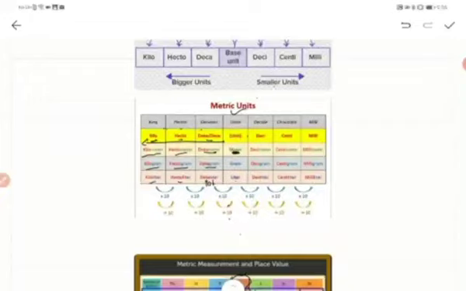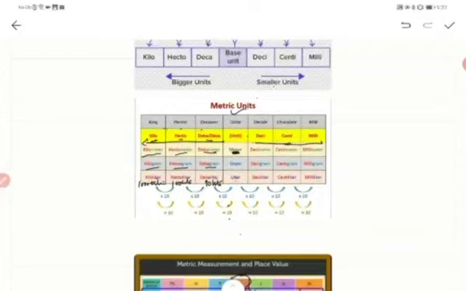It is 10 liters. What is 1 hectoliter? It is 100 liters. 1 kiloliter is how much? 1,000 liters.